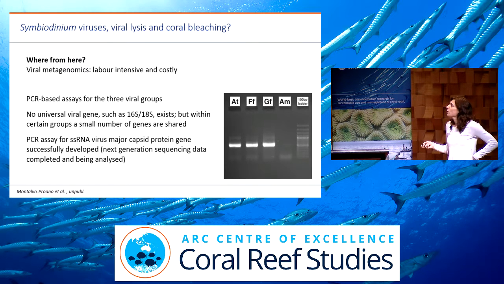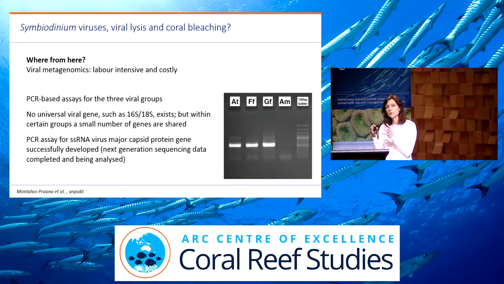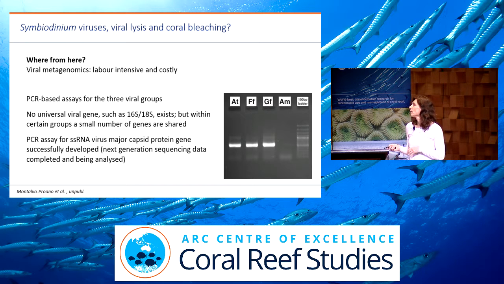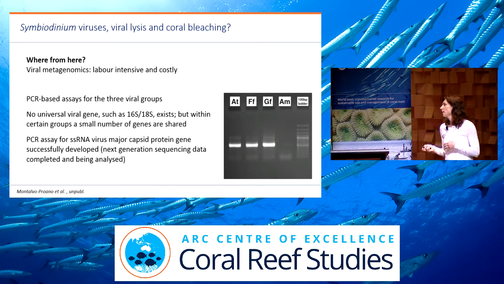Now, viruses don't have a universal gene such as 16S or 18S ribosomal RNA in prokaryotes and eukaryotes, but luckily, within certain closely related groups of viruses, some genes are shared, and we can target those genes to develop similar assays.